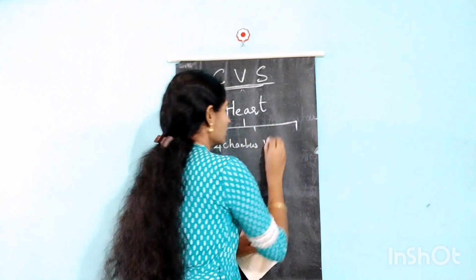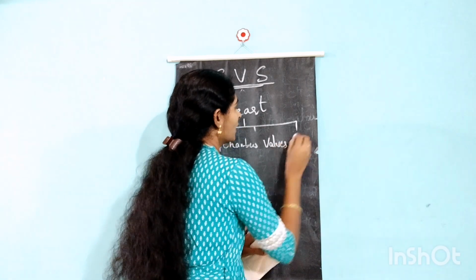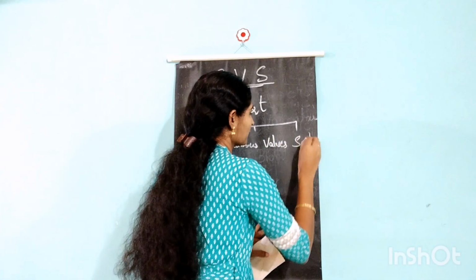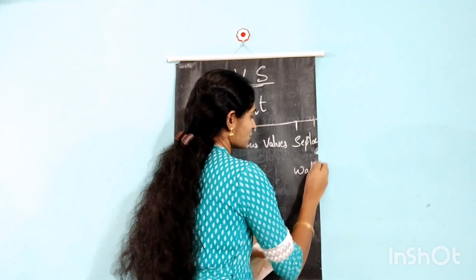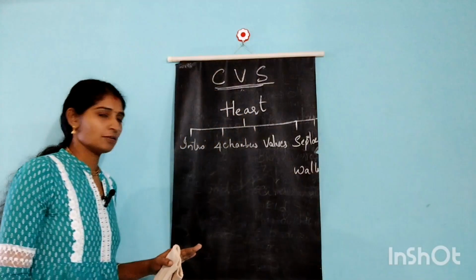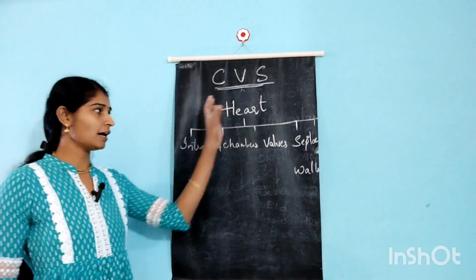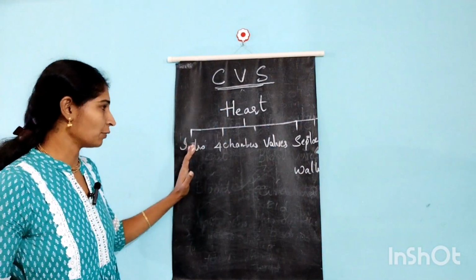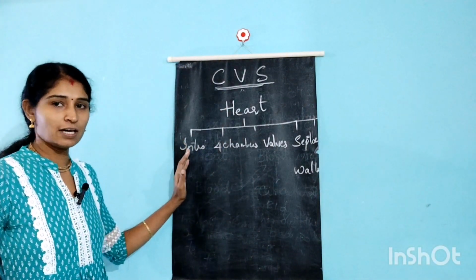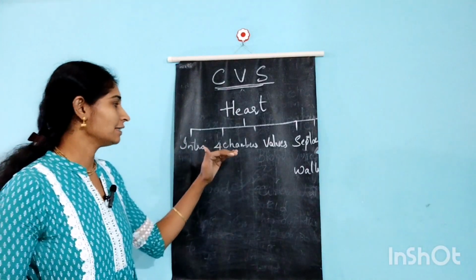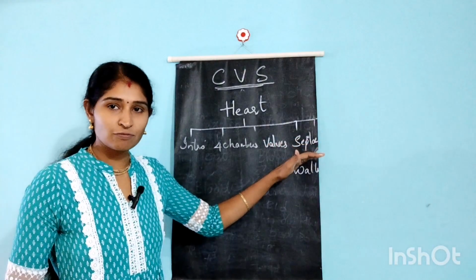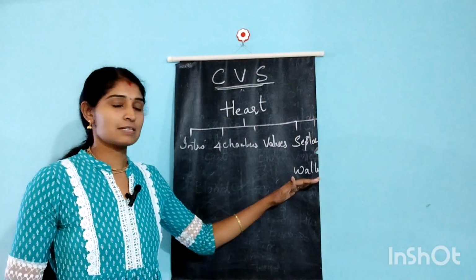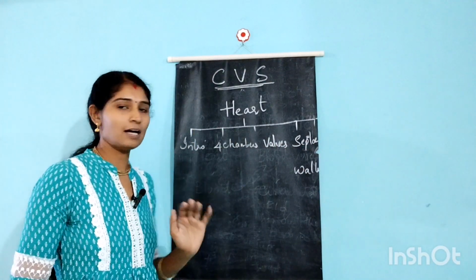Then the valves, septae, and the last one is the walls of the heart. So: the intro, that means the position or introduction of the heart, then 4 chambers of the heart, valves of the heart, septae of the heart, and the walls of the heart.